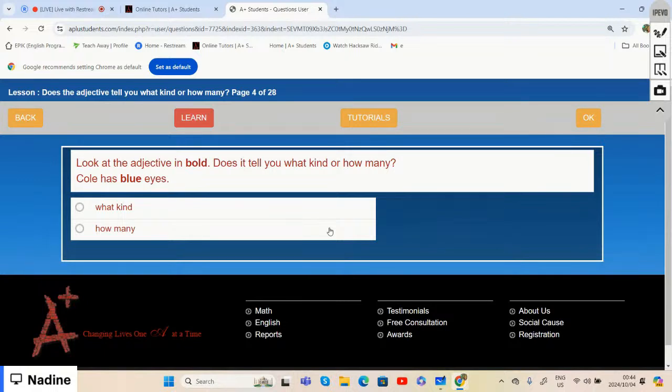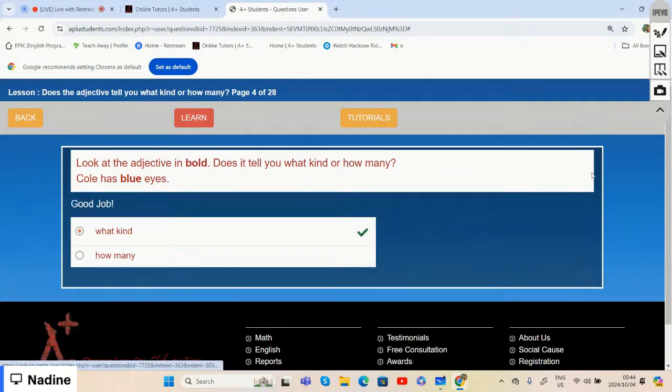So does it tell us what kind of eyes or how many eyes? And if we were to say what kind of eyes, then blue eyes is what kind.